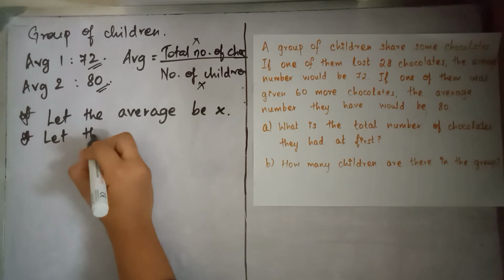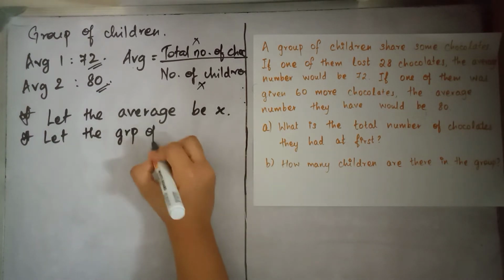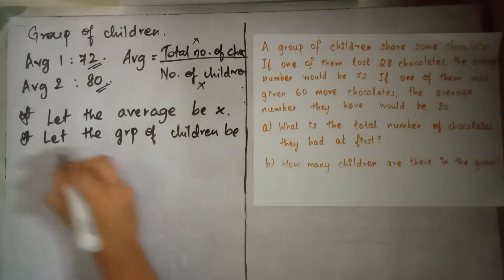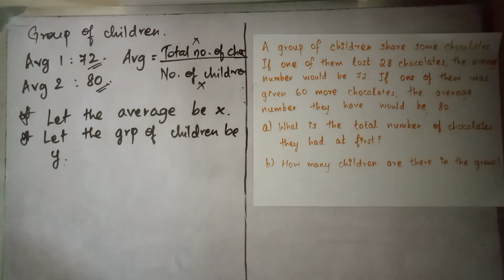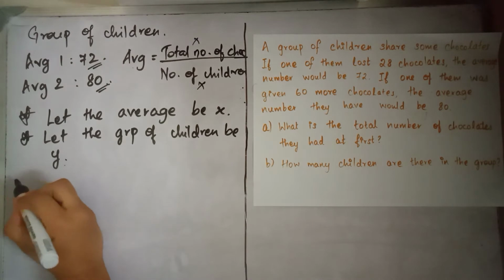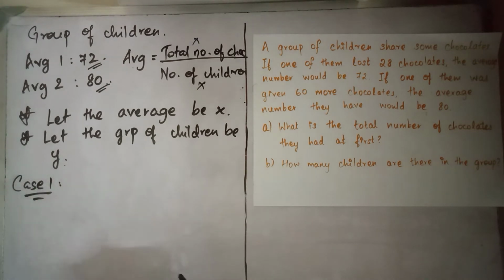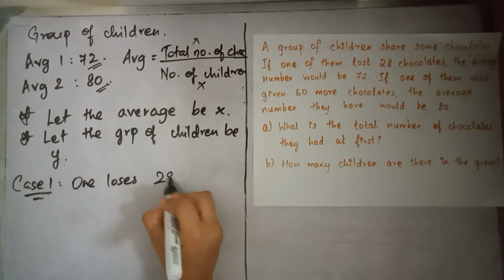Also, let the group of children be y. So there are y number of children and the average is x. Okay. So if one of them loses 28 chocolates, so this is case 1. One loses 28 chocolates.